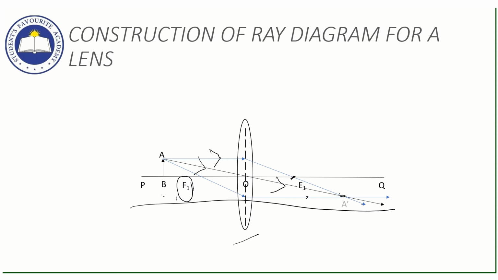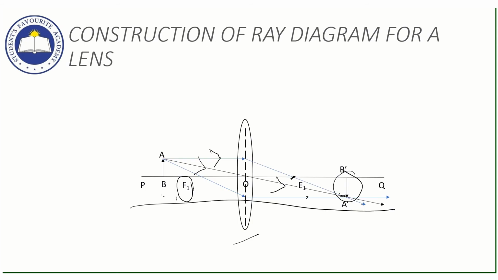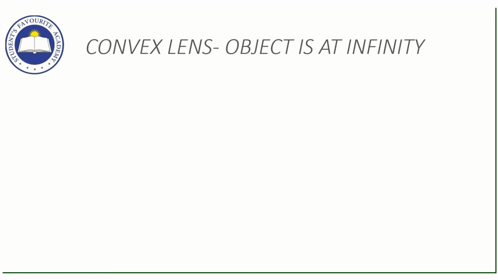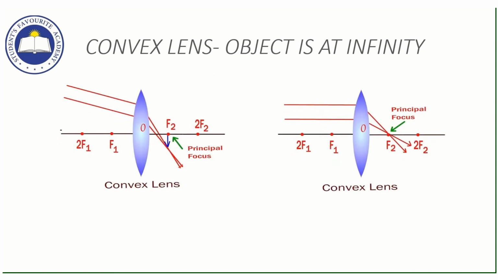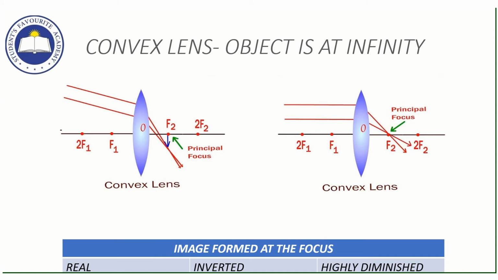So at this point, you will get the image. This is the image formed of the object AB. It is inverted and real. So this is the diagram, image formed.